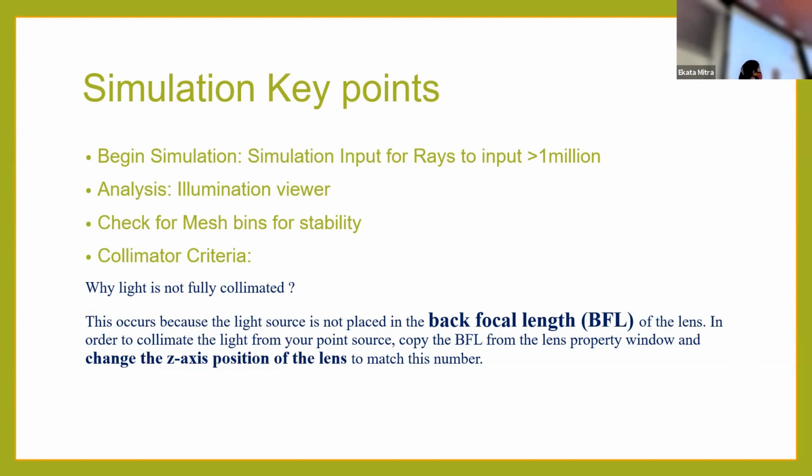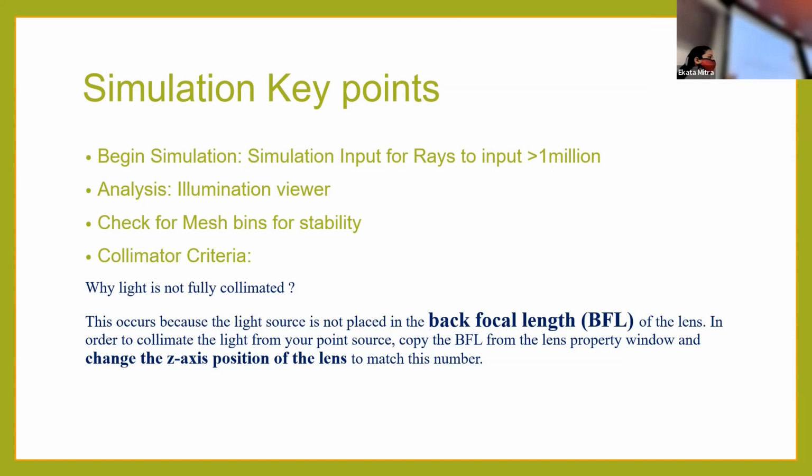And when we are changing our detector, we need to know where we should put it to get the focal point. It's not like seeing, okay, this may be the point, this may be the point. It's not going to be like that. There is another thing in the lens properties. When you go there, you'll get a term called back focal point.